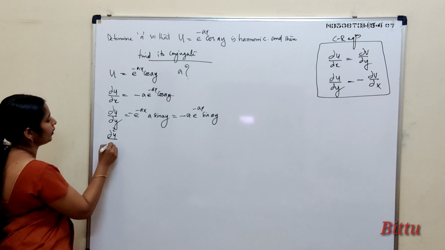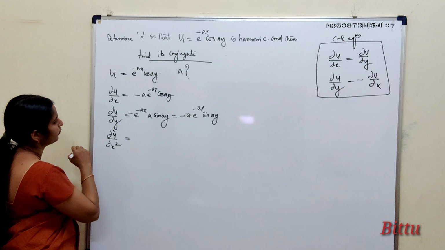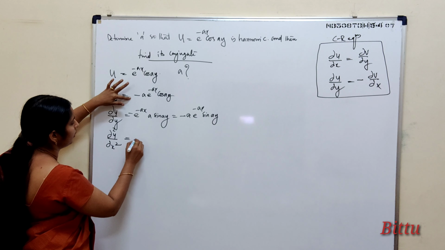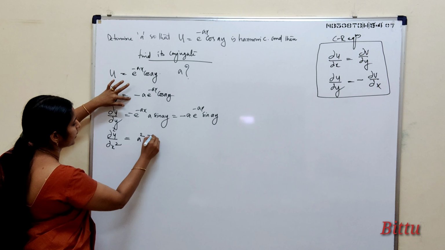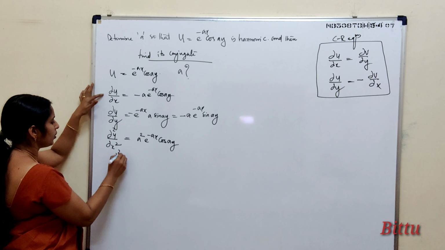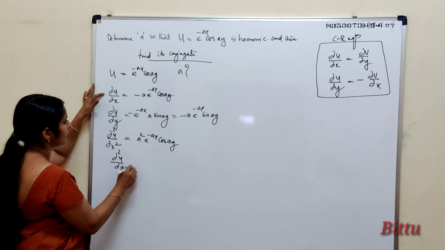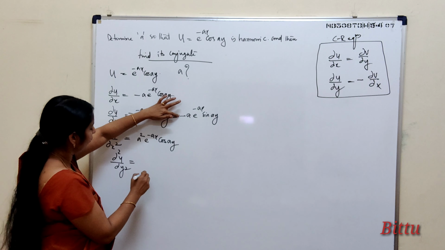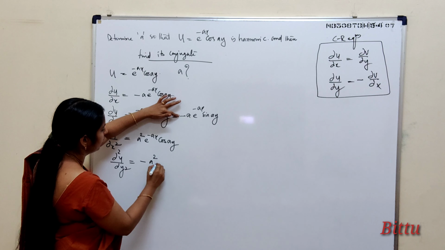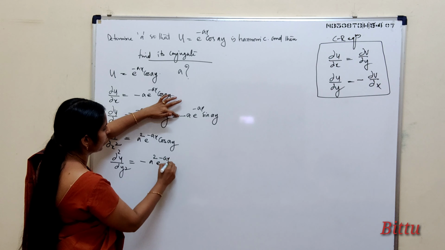Dou square u by dou x square: you differentiate this with respect to x, so a square e raised to minus ax cos ay. Next, dou square u by dou y square. Here you differentiate with respect to y, so minus a square e raised to minus ax cos ay.